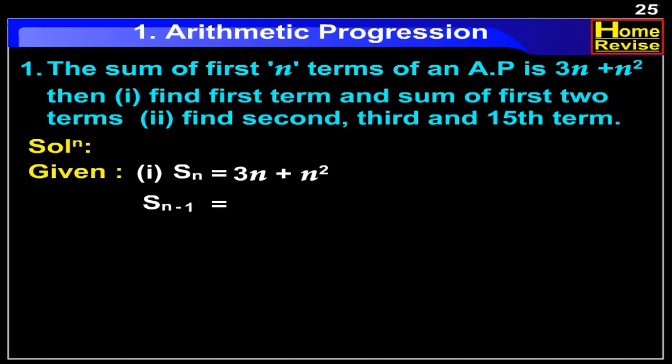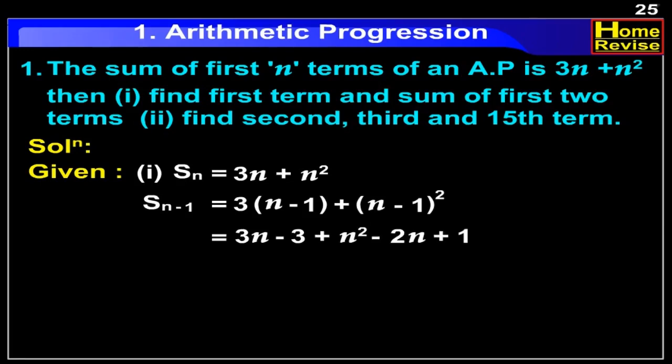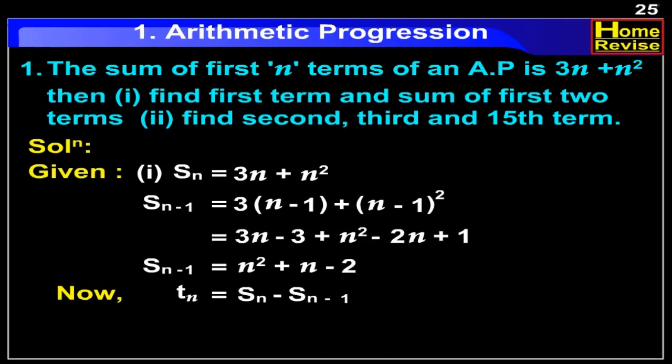Therefore, Sn minus 1 will be equal to 3 into (n minus 1) plus (n minus 1) whole square, which is equal to 3n minus 3 plus n square minus 2n plus 1. Therefore, Sn minus 1 is equal to n square plus n minus 2. Now, Tn is equal to Sn minus Sn minus 1.